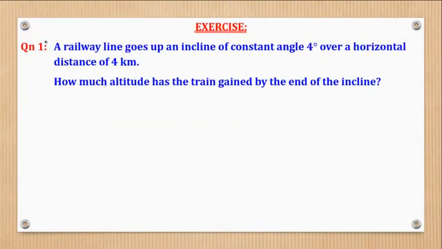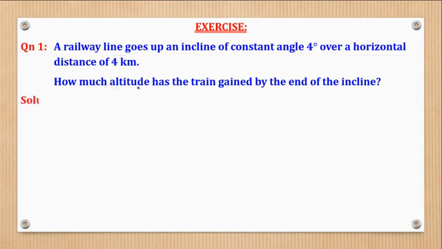So let's begin with the exercise. Question 1 says, a railway line goes up an incline at constant angle 4 degrees over a horizontal distance of 4 kilometers. How much altitude has the train gained by the end of the incline?